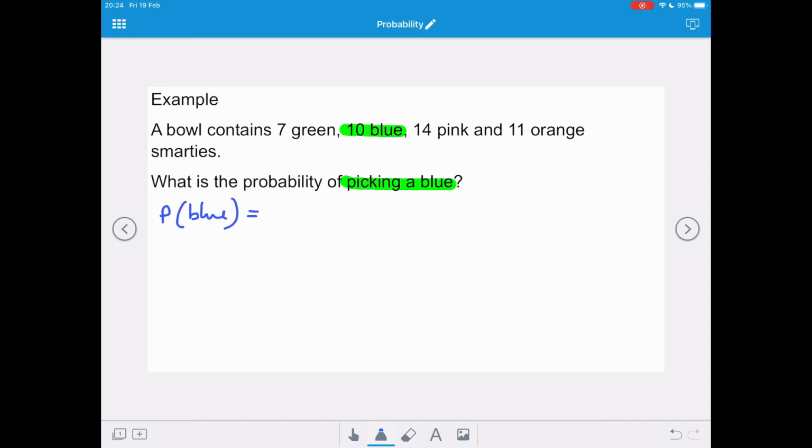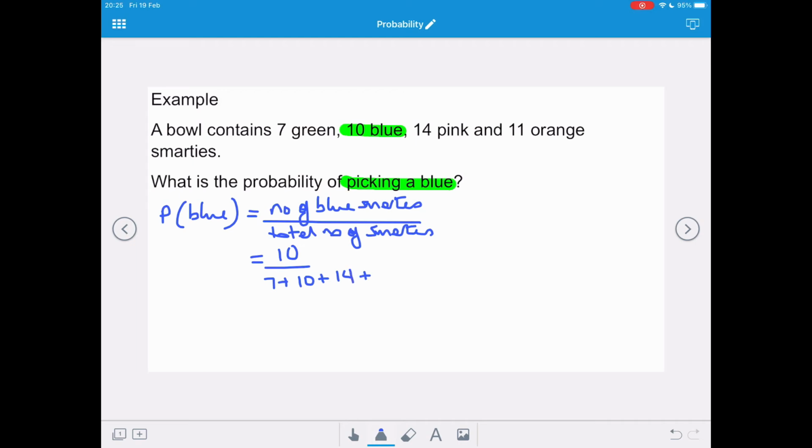Now P(blue) is going to be the number of blue Smarties on the numerator, and we're going to have that all over the total number of Smarties that are in the bowl. And we can find that by totaling the different colours. So the number of blue Smarties was 10, and that's going to be over 7 plus 10 plus 14 plus 11.